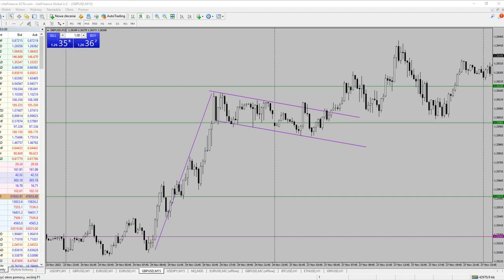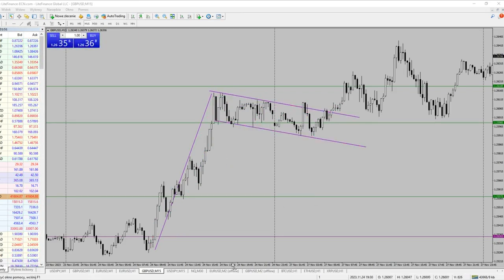Let me briefly show you that strong move to the upside, and then we have some kind of consolidation. Very often it might be some kind of very shallow downward channel, and the price is moving within some kind of range, when it comes to the bull flag.